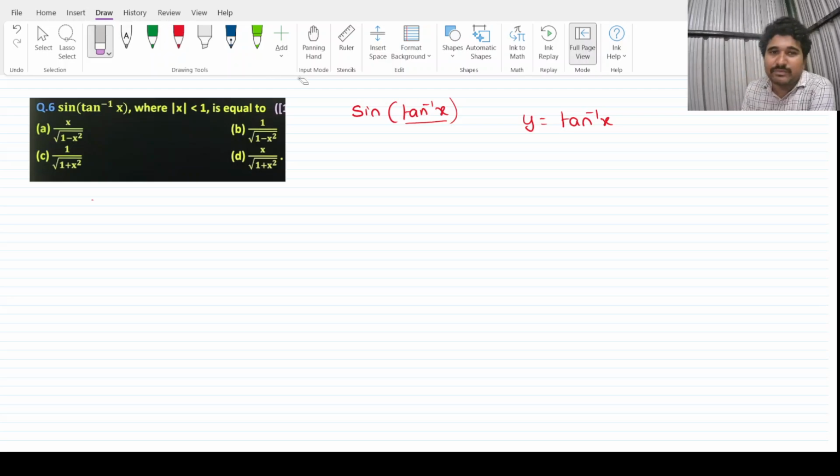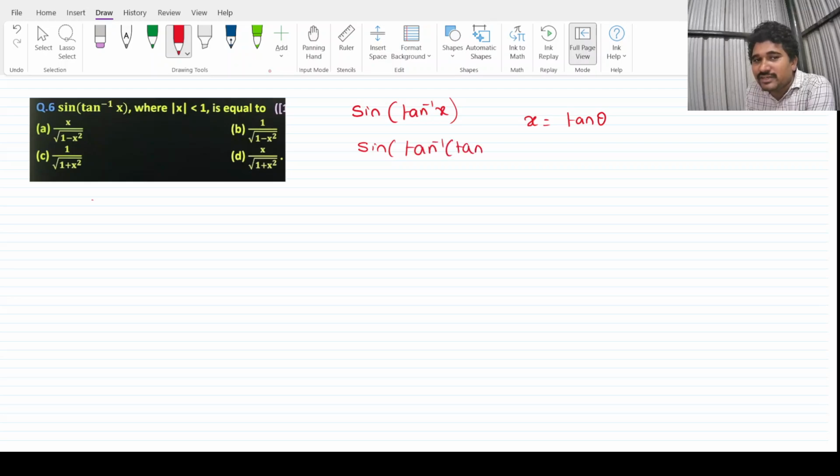Otherwise, the simple one: how will you do it? In place of x, what should I put so that tan cancels? Put x is equal to tan theta. Understand? So what will it become? Sine of tan inverse tan theta cancels, so you are going to have sine theta.